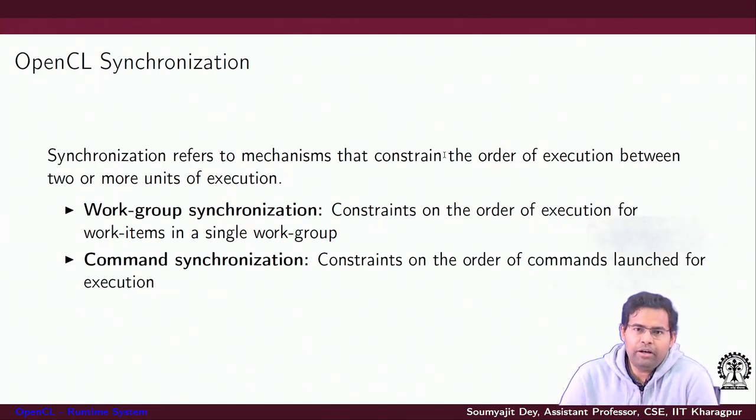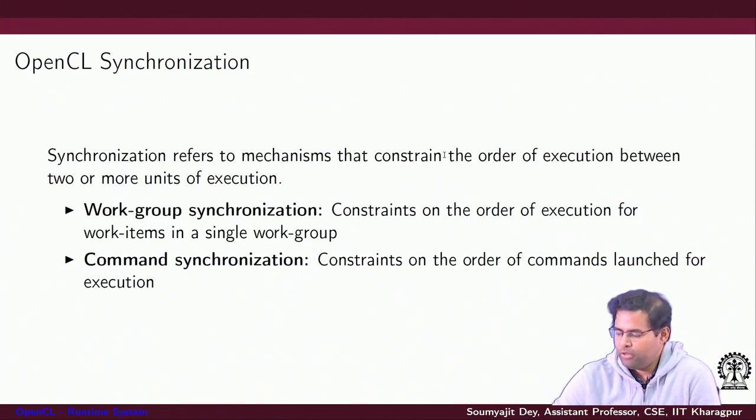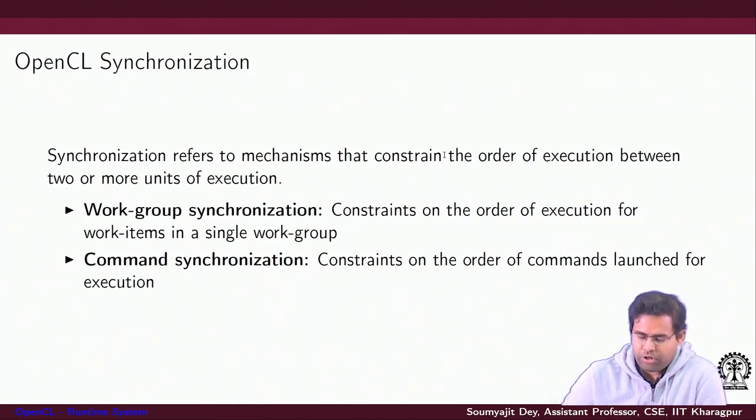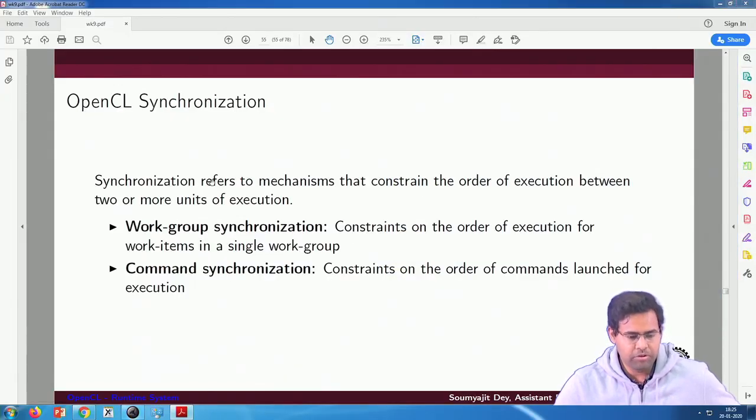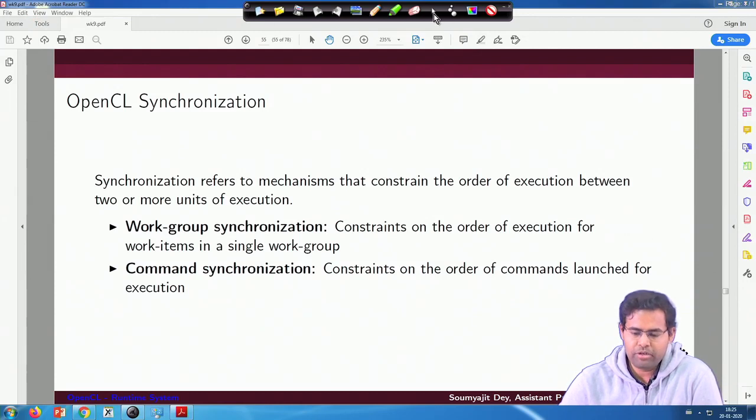So, equivalently in OpenCL we have this concept of synchronization of work groups, which is essentially constraints on the order of execution for work items inside a single work group. This is the concept which is essentially equivalent to thread block synchronization in CUDA, and of course, we also have this idea of synchronization of commands, which gives constraints on the order of commands launched for execution, because if you remember in OpenCL at the end what you have is command queues which are being set up with a sequence of commands to be executed.